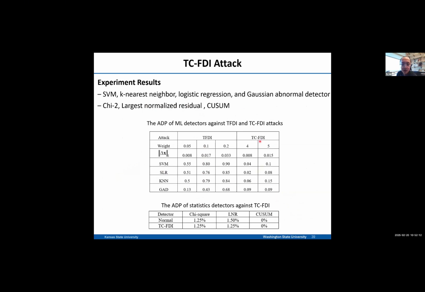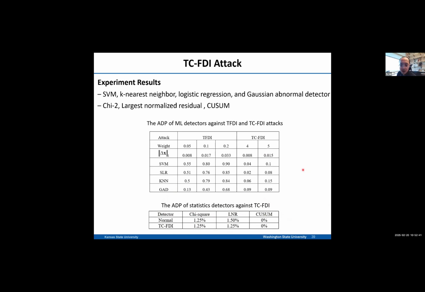For our proposed attack, it can detect less than 10%. So it shows that our attack is stealthy to the machine learning detector. And we also evaluate the performance under the chi-square detector, the largest anomalous residual detector, and the CUSUM detector. Our attack is also stealthy to these statistical detectors.